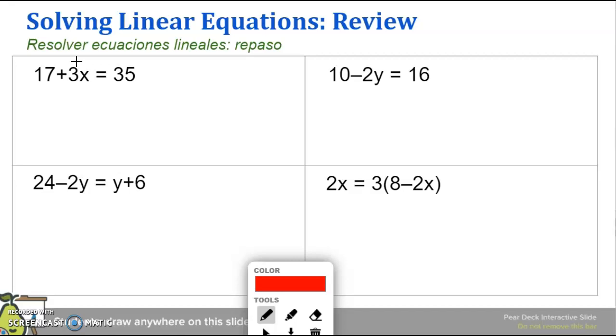So we are going to be subtracting 17 from both sides, which leaves us with 17 minus 17 becomes 0. Okay, so you're left with 3x is equal to 35 minus 17. That's going to be 18.